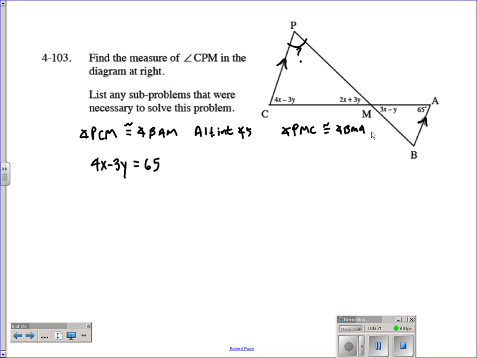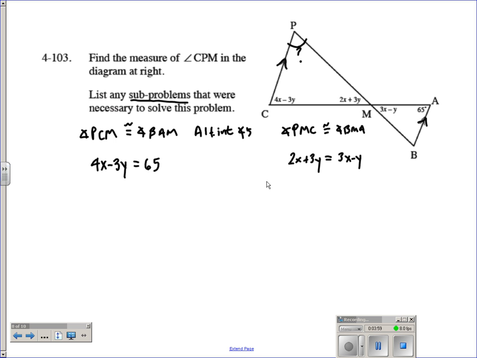I ran out of room though. We can then say that the equation 2x plus 3y should equal 3x minus y. Now we've got two equations here. Maybe we can use them to figure out what x and y are. I think that's what it means by listing any subproblems, because we have to figure out this problem before we can figure out the other problem.